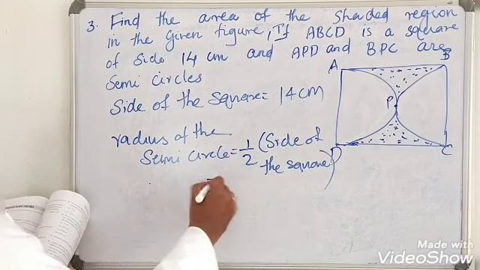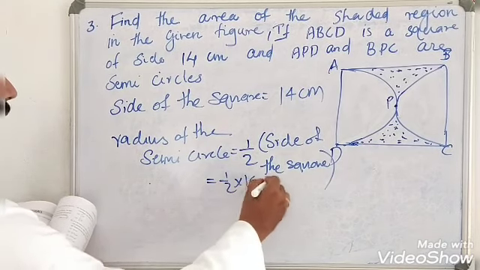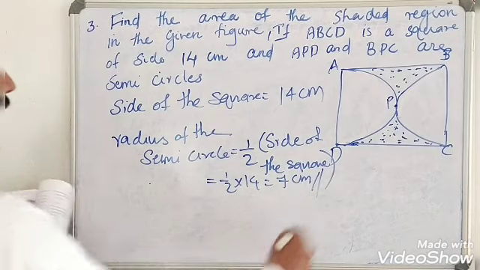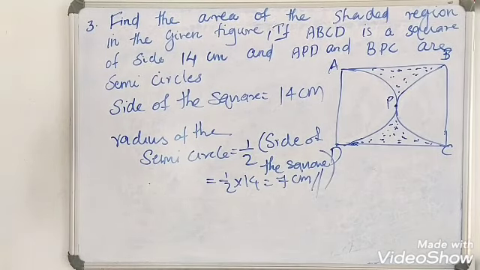That is half into 14, which is 7 centimeters. Radius of the semicircle is equal to 7 centimeters.